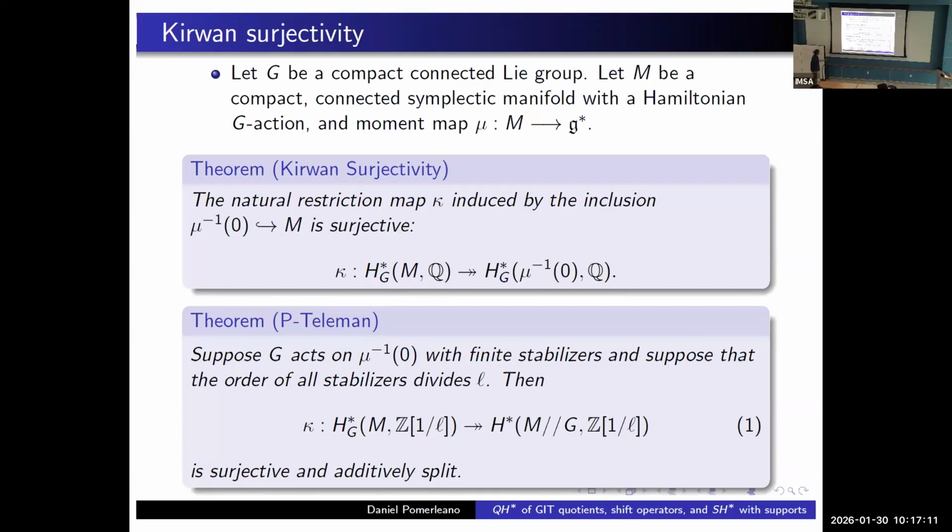So I'll just review a classical theorem, Kirwan surjectivity. This is the starting point of what I want to talk about. It's just about classical cohomology.